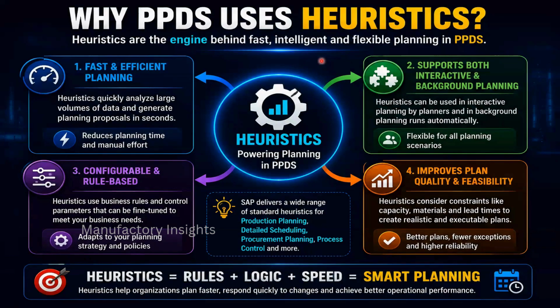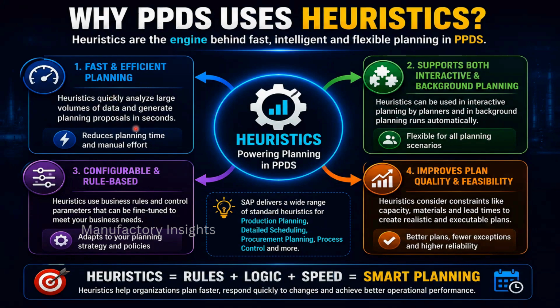The next question is, why does SAP PPDS rely heavily on heuristics? Manufacturing environments often require planning decisions to be made quickly. Running mathematical optimization for every planning situation may not always be practical.